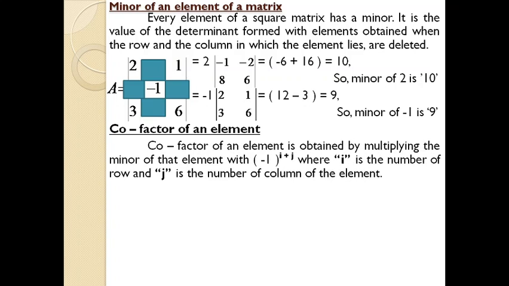Cofactor of an element is obtained by multiplying the minor of that element with minus 1 raised to i plus j. We know how to find the minor of an element. So whenever you get a minor, you need to multiply that minor of that element into minus 1 raised to i plus j.